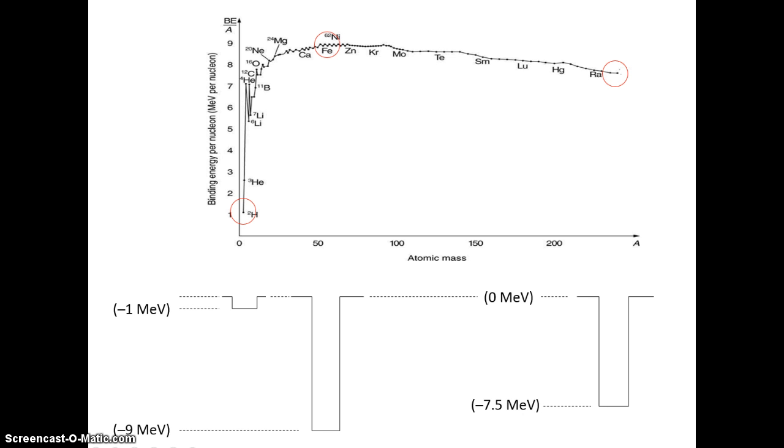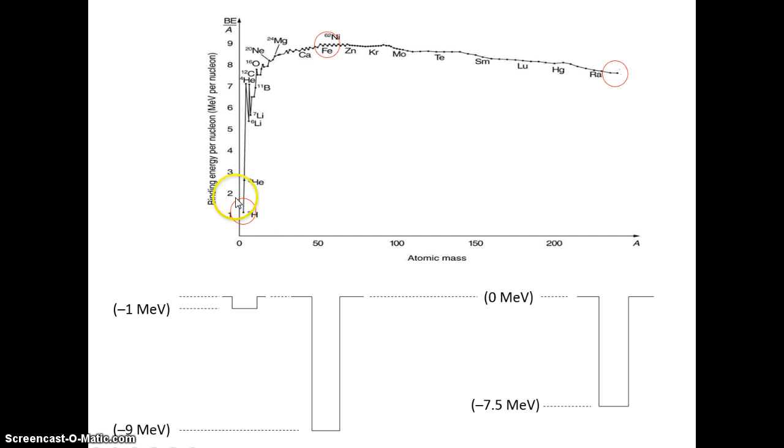So in each case, the well represents the binding energy per nucleon. It's how much energy each nucleon loses when the nucleus forms, and it's also how much energy you have to put back in to separate a single nucleon and bring it out of the well.